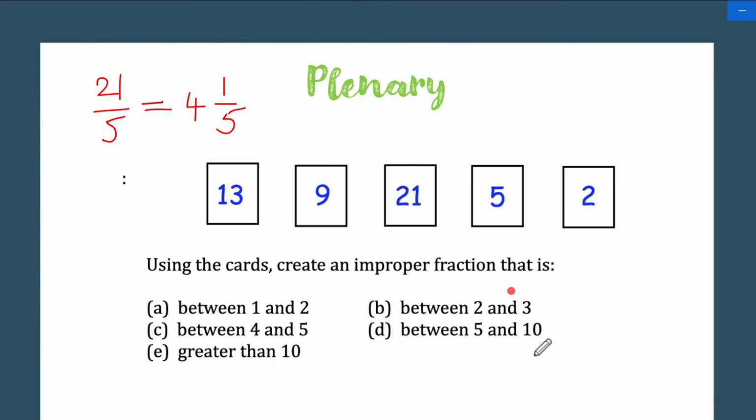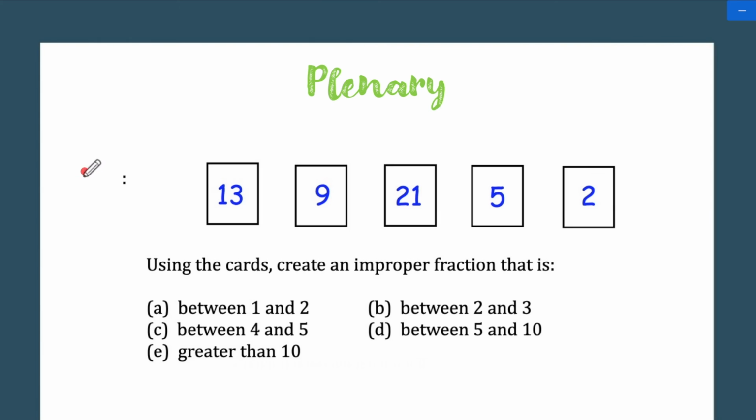And you can do the same to the other ones. If it says greater than 4, it means this number has to be greater than 4. If it says greater than 10, the smallest number has to go into the biggest number more than 10 times. Okay, so that's it for my explanations.